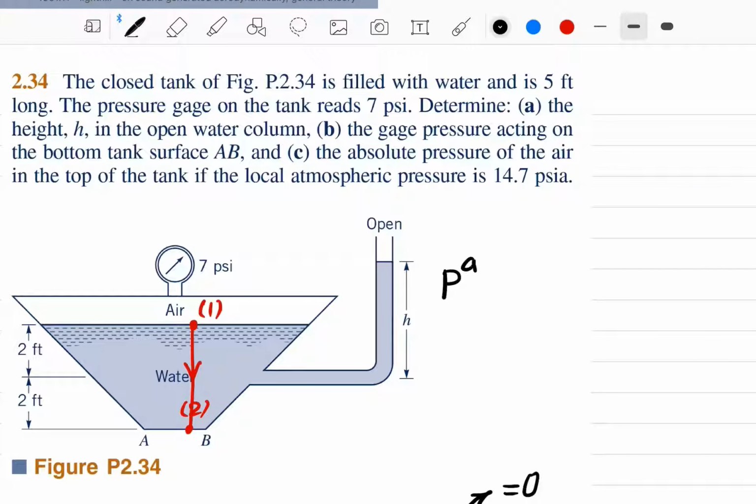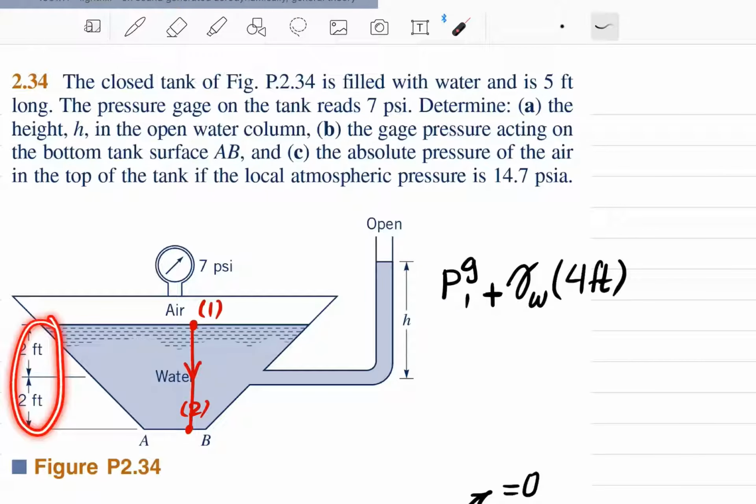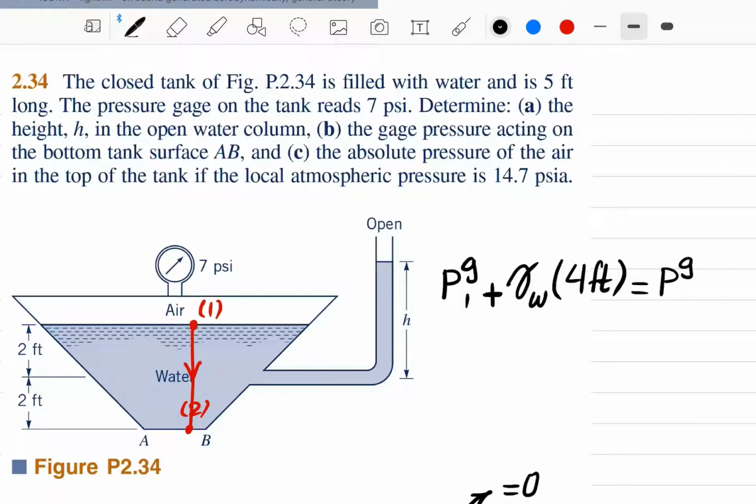So the gauge pressure at point 1 plus, since we move downward, it increases, gamma of the fluid that we're moving through times the distance that we've moved, which is 4 feet, would be equal to the gauge pressure at point 2. And again here, remember that for the gauge pressure we have psi, and here we have feet, so we have to do the conversion rate.